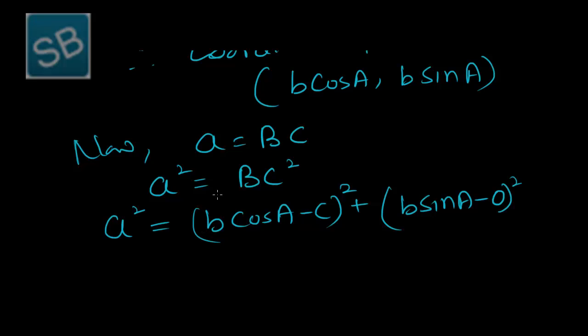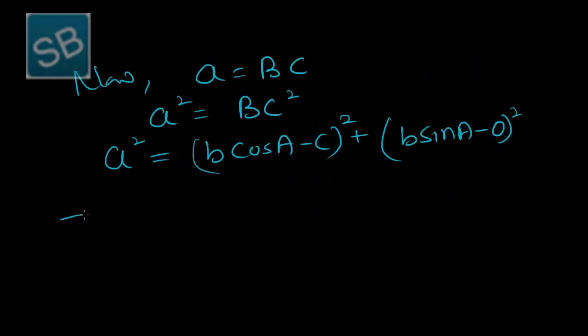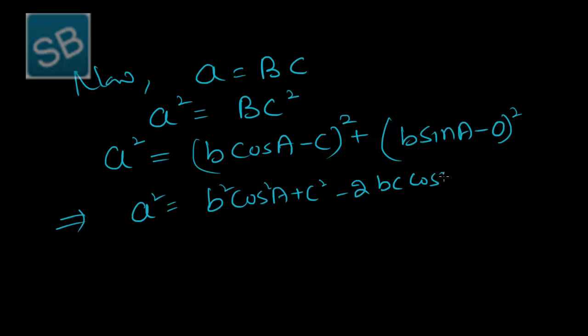There should not be a square root, as the square cancels out. So we get a² is equal to b² cos² A plus c² minus 2bc cos A plus b² sin² A.